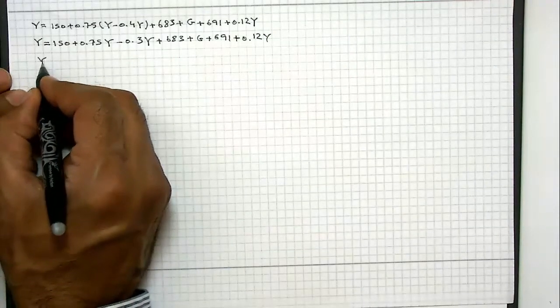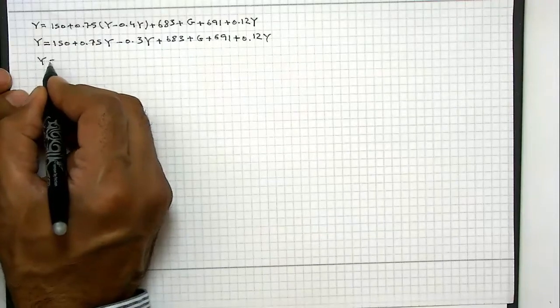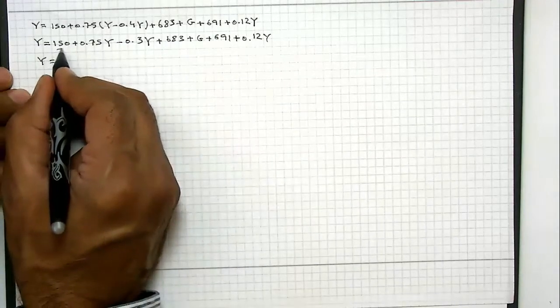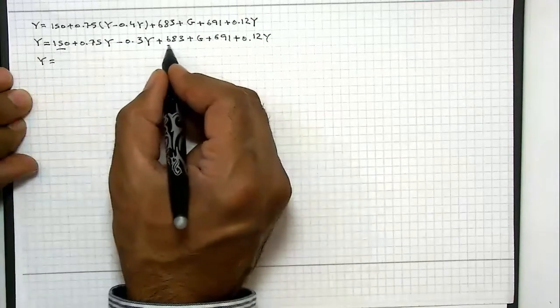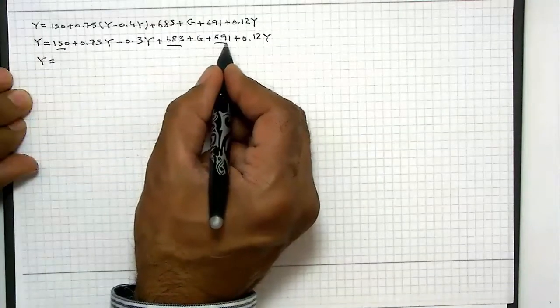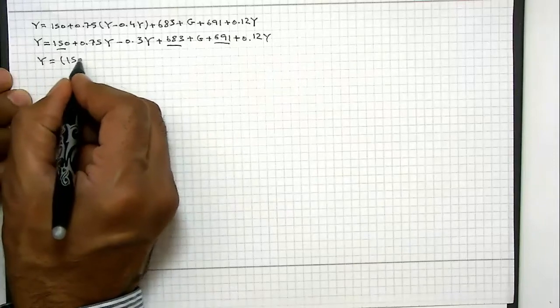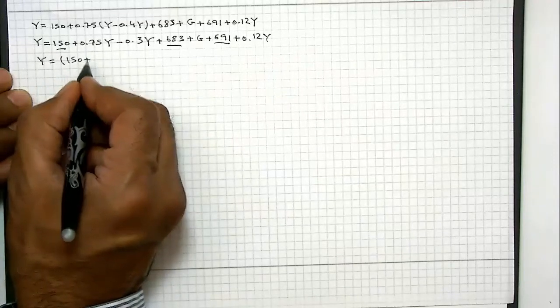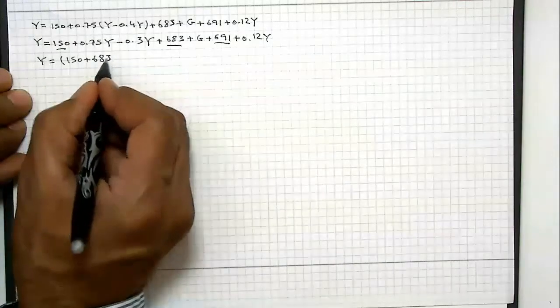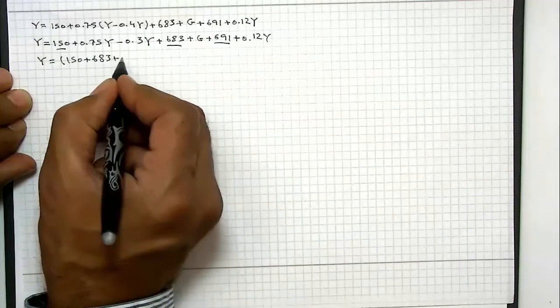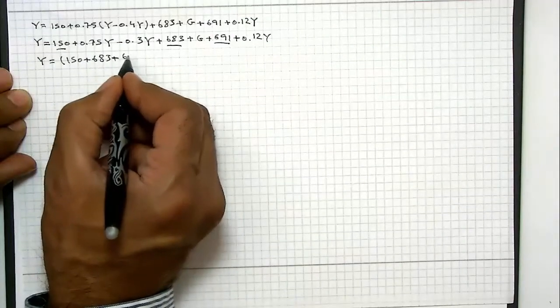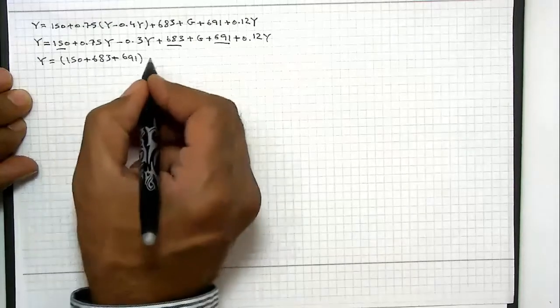Now I want to organize these numbers. So I write the left-hand side, y equal to, first I add up all these constants. I can just write it first as it is, 150 plus 683 plus 691.